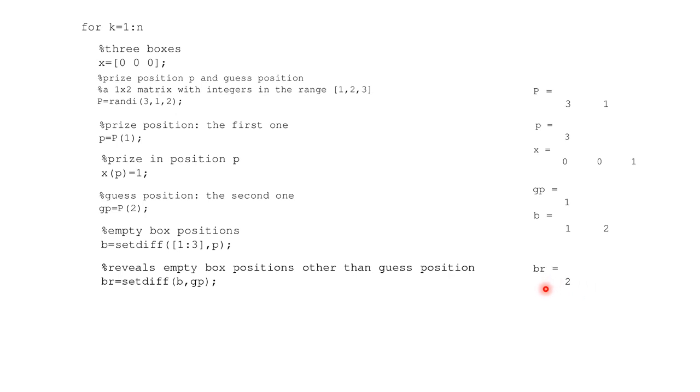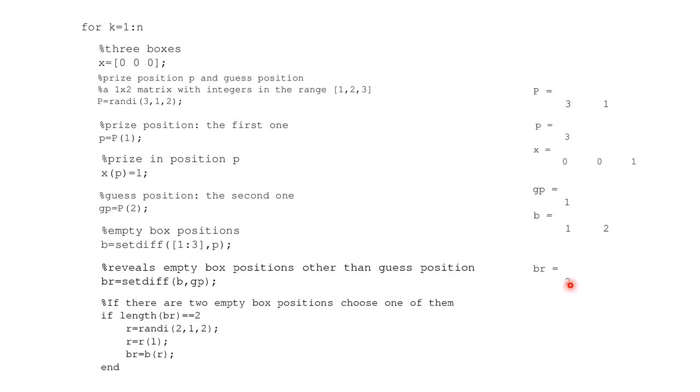So he chooses the difference between B, the 1 and 2, and your guess position, which in this case was 1. So he reveals that box 2 is empty. If there were 2 empty box positions, then we'll just pick out one of them, and he's got to reveal to you an empty box position.